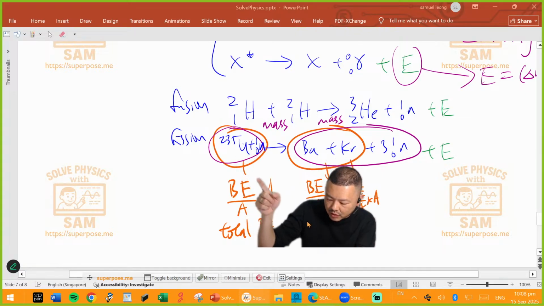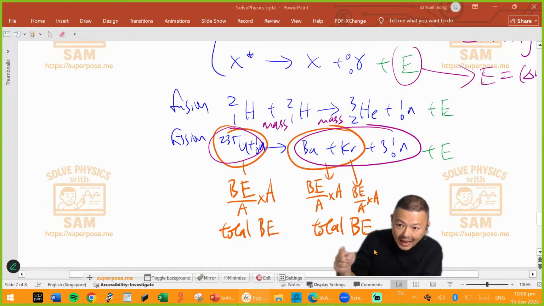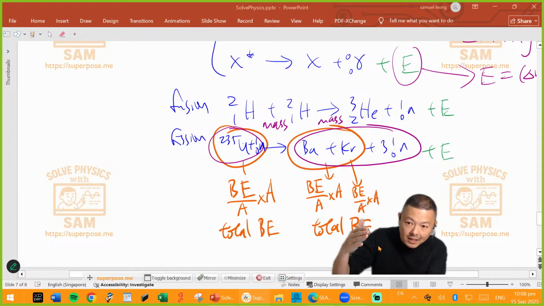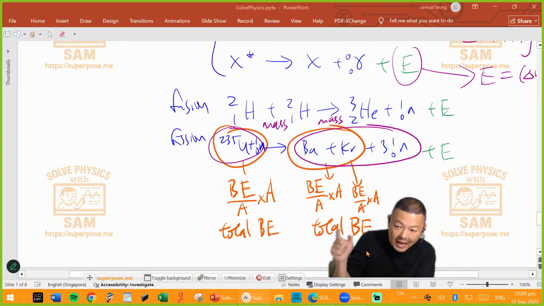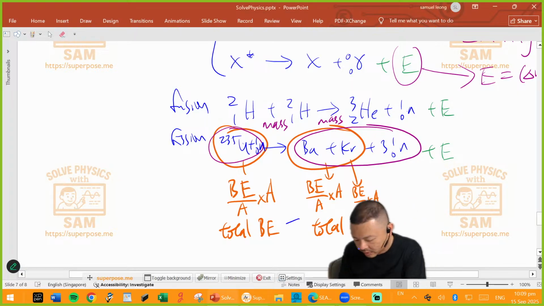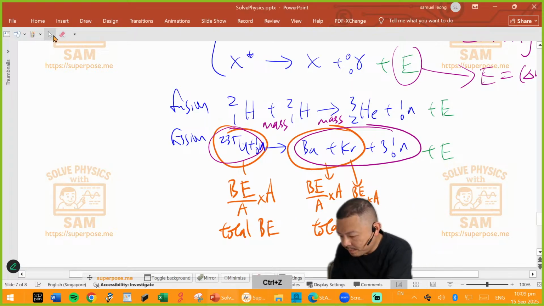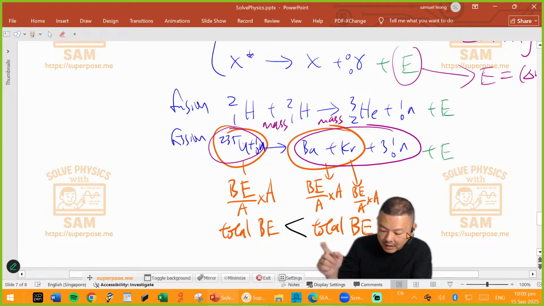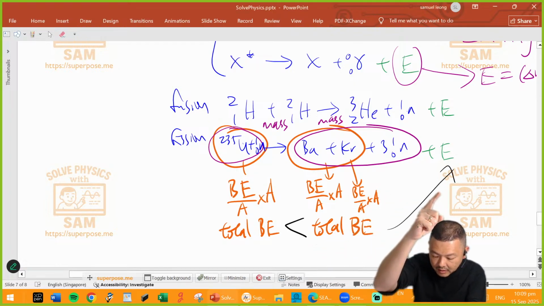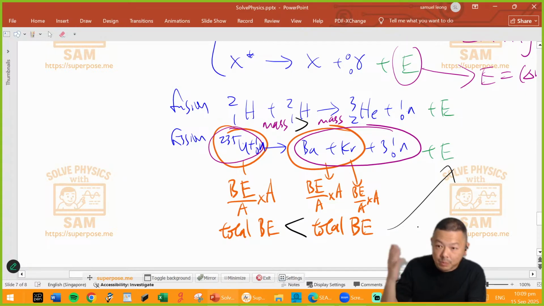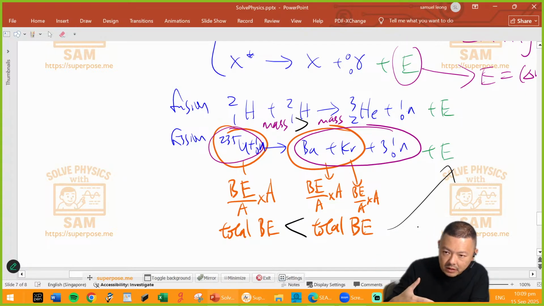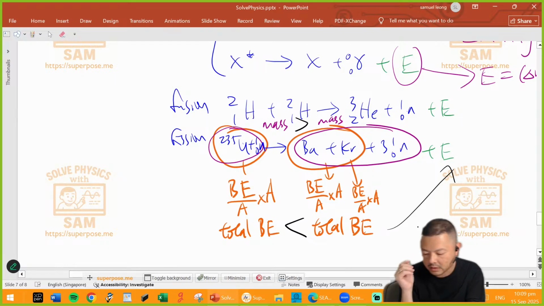So you calculate the total BE, and if energy is released, the total BE of the products is a bigger number than that of the reactants. The BE will have a bigger value if energy is released, and the mass will be a smaller value if energy is released. We went through that before.